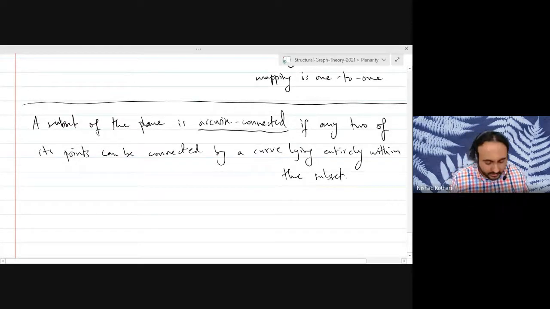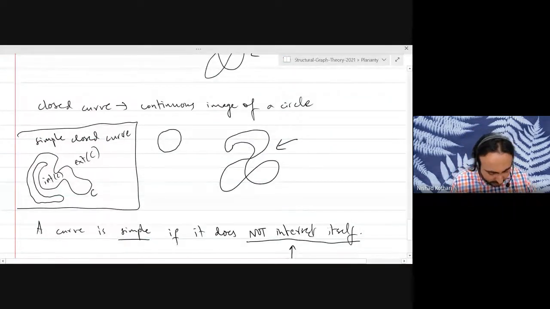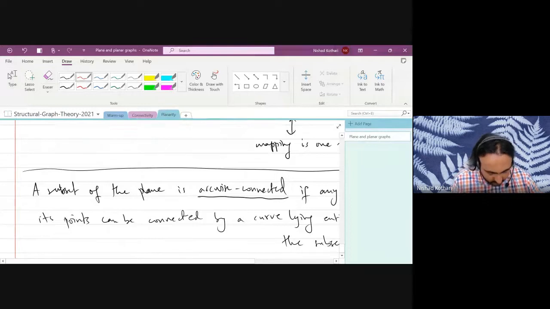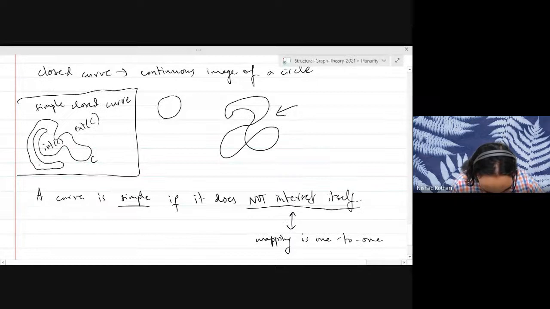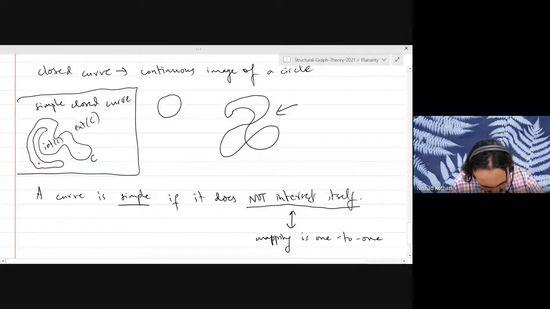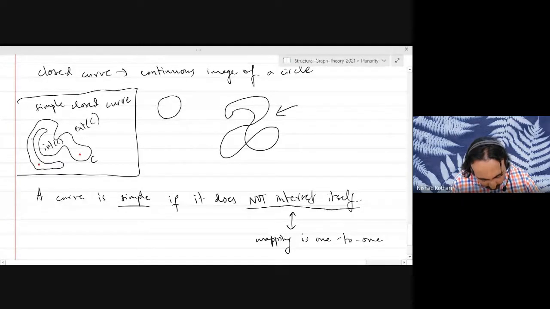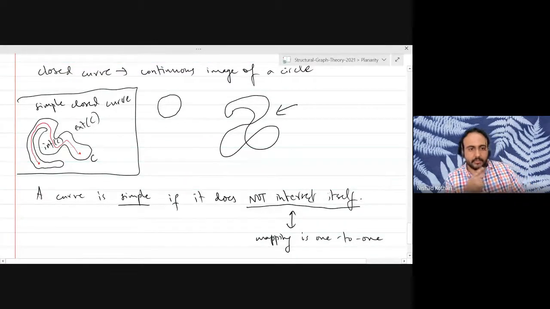So let's take an example. If you look at this curve I've drawn here, let's say I take one point in the interior and another point in the interior. Then what this is saying is that you can always go from that point to the other point while staying inside the interior of the curve.